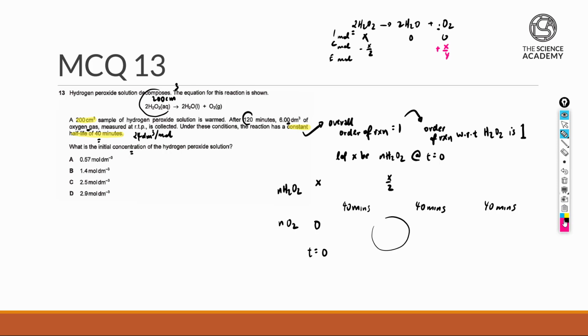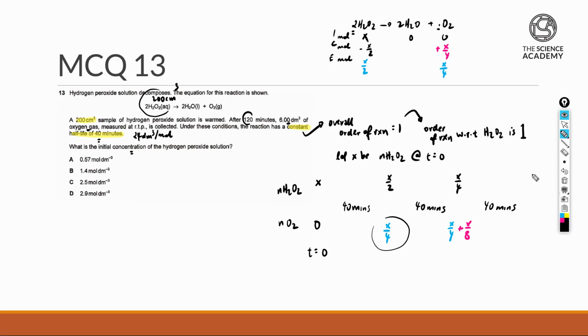So what I will get for my oxygen at the first half-life is X over 4, but what's left behind for my peroxide is X over 2. Just remember, whatever change of peroxide, you can't have a direct change to O2 because the ratio is 2 to 1. You have to divide by 2. So if I halve my H2O2 again, I'll get X over 4. But this time around, it will be X over 4 for O2 plus an X over 8 for O2. This is based off the second half-life.